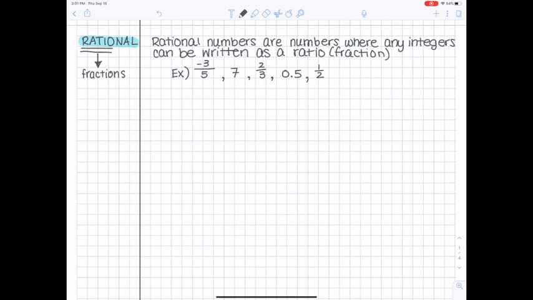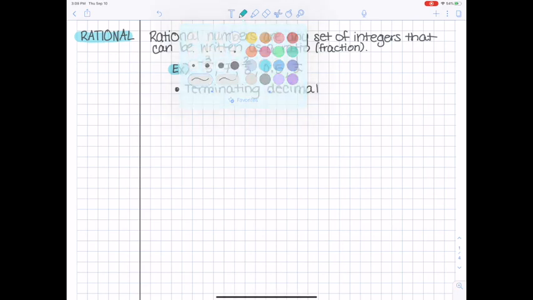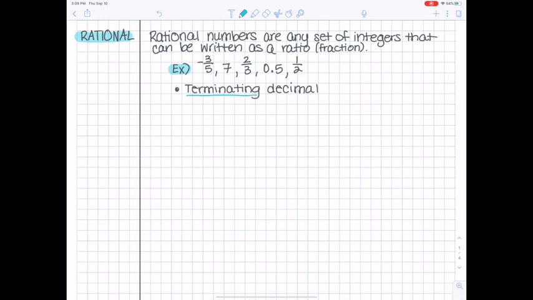So let's talk about the kinds of decimals I can have. There's two types of decimals that we can include here. The first kind is called a terminating decimal. Okay, so these are decimals that stop. Terminating, if you don't know what that means, means stop, something that stops.